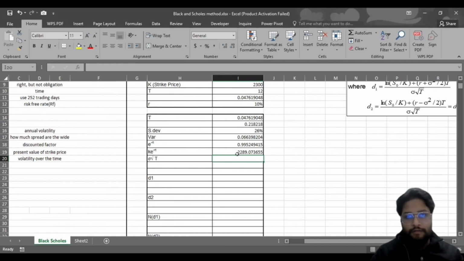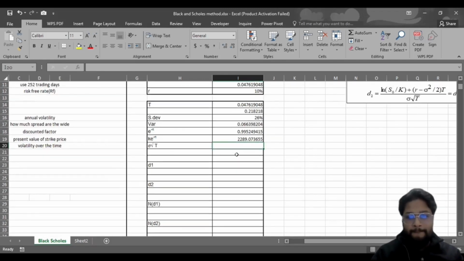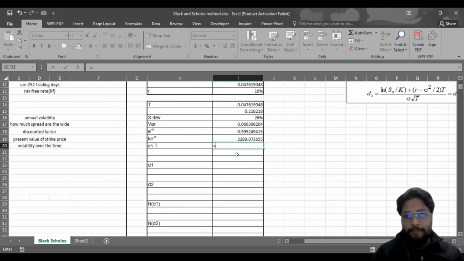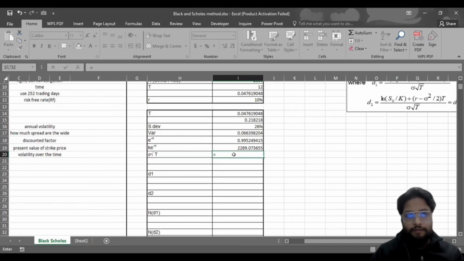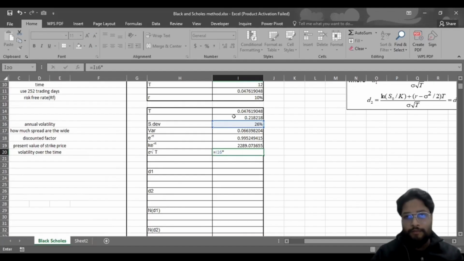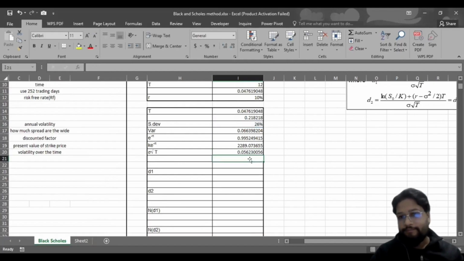And for this calculation, it would be the annual volatility into root T.